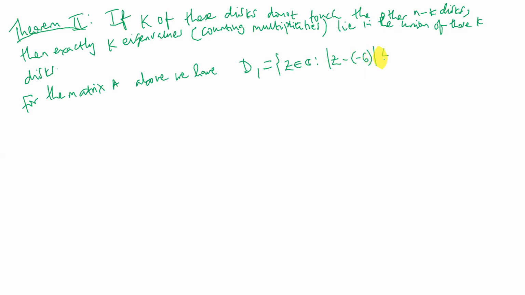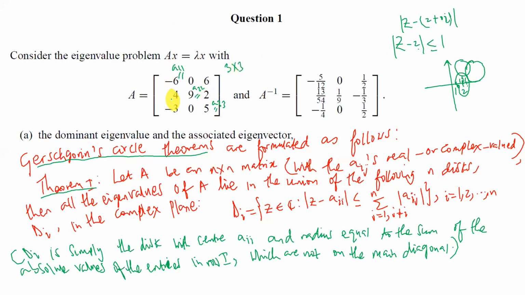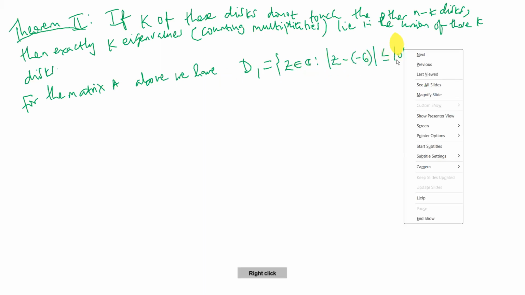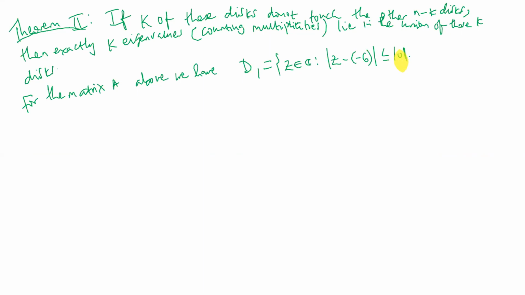And then it's less than or equal to, so you add those that are off the diagonal. The off-diagonal entries in the first row are 0 and 6. You take the modulus of each: the modulus of the 0 and the modulus of the 6. And if you add them up, you get 6.